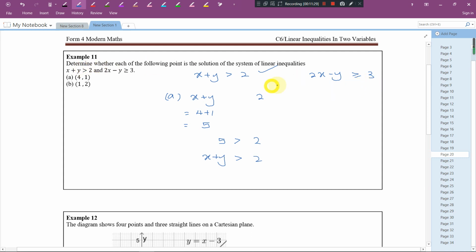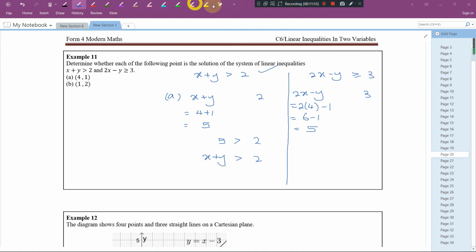How about this? Now let's test using the same point. So now I break this into two parts, 2x minus y, and then on the right-hand side I have 3. At this point, 4, 1. So 2 times 4 minus 1. So this is 6 minus 1 is equal to 5.